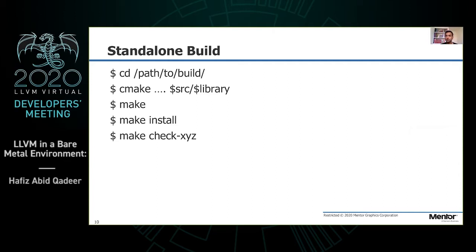So there are some CMake files in the repository that show how to do a unified build of the host tools and the target runtime. But I was not able to follow those examples for the bare metal target.